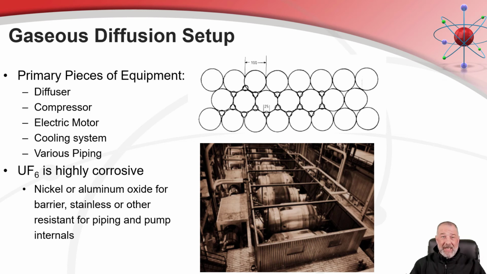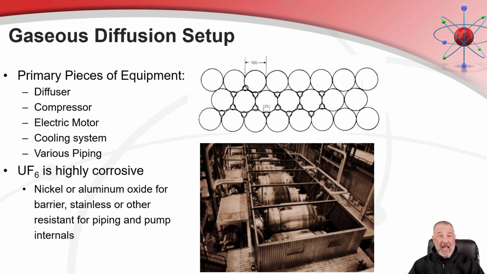And again, you have to make sure it doesn't corrode. UF6 is some nasty stuff. So you want to make it out of something like nickel or aluminum oxide or some other material that it's not going to react with. Not only do you need that for your barrier, but for your whole system, because it's not just your gaseous diffusion chamber by itself.